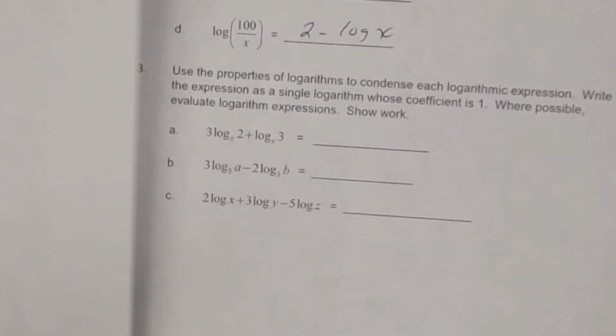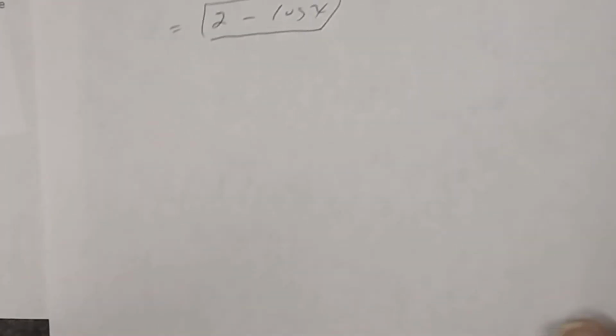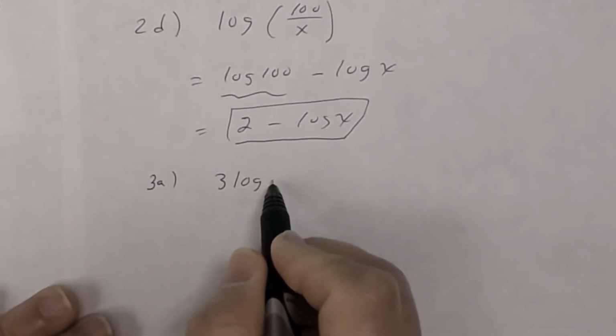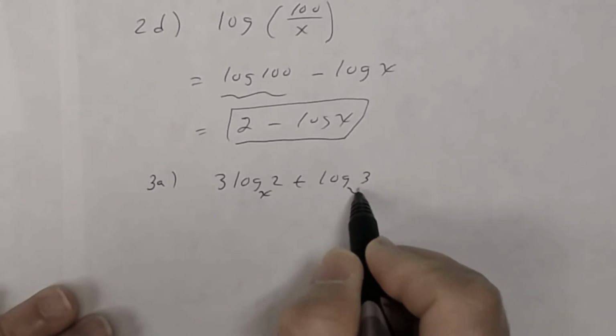Let's look at number 3a. In 3a, you have 3 log of 2 base x plus log of 3 base x.